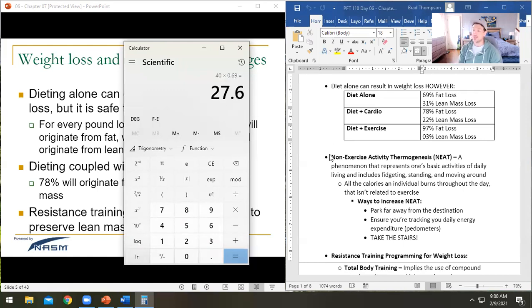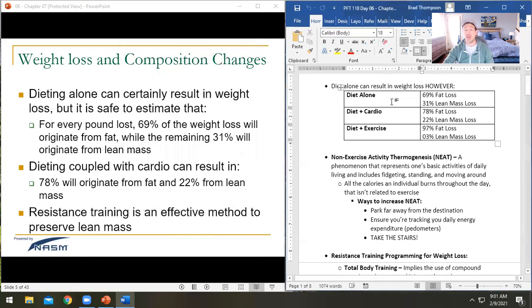Now, lean mass is water weight, bone tissue and muscle, everything that's not body fat. But that's a substantial amount of muscle loss. They did succeed in their weight loss goal, but maybe they didn't succeed in their body composition goals, right? So that's diet alone.